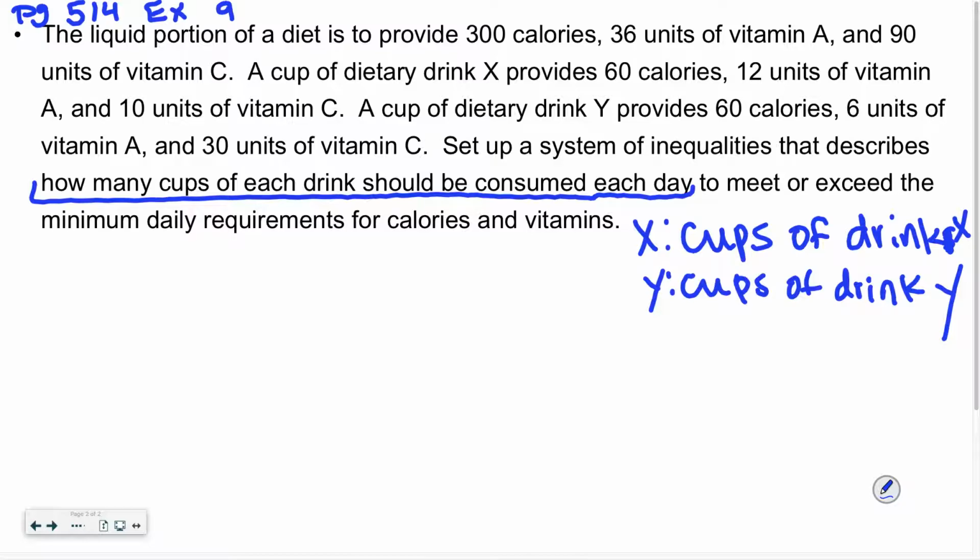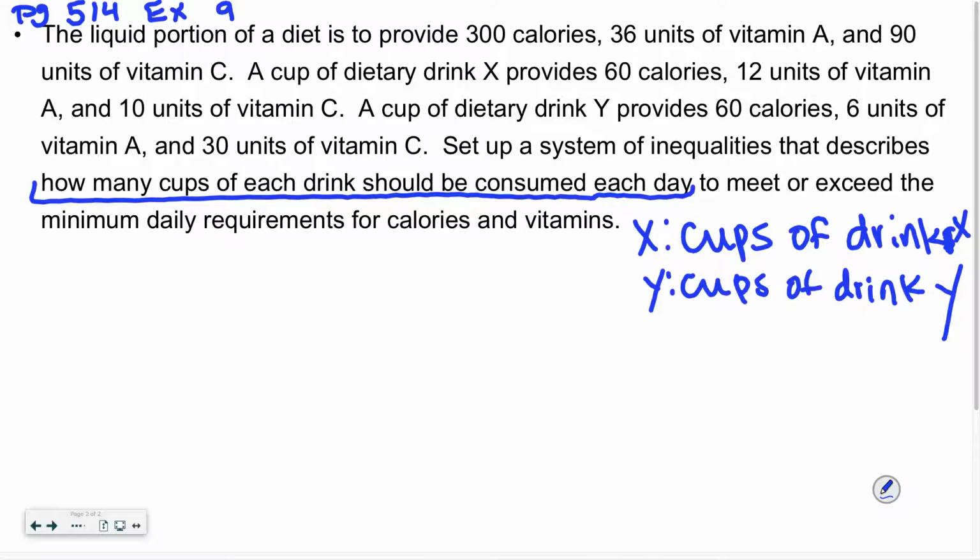Okay, now we have information about vitamin A, vitamin C, and calories. Okay, those can now be grouped together for our inequalities.